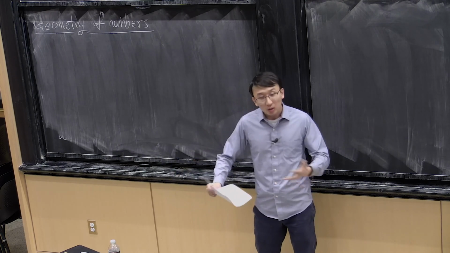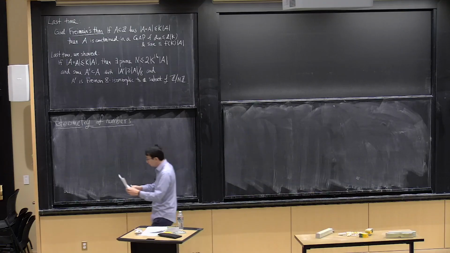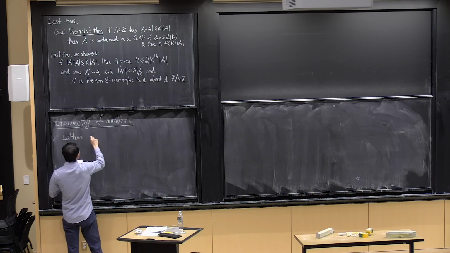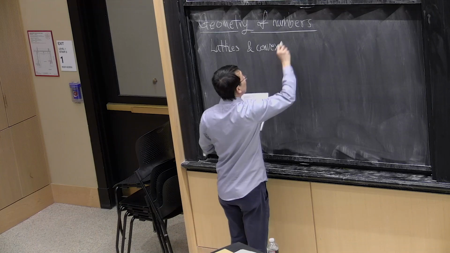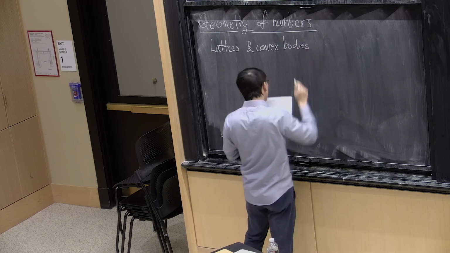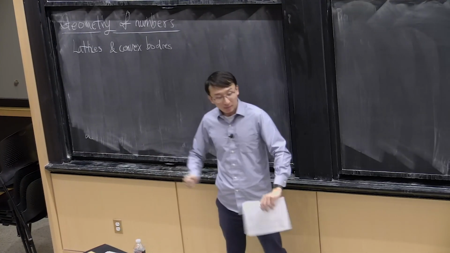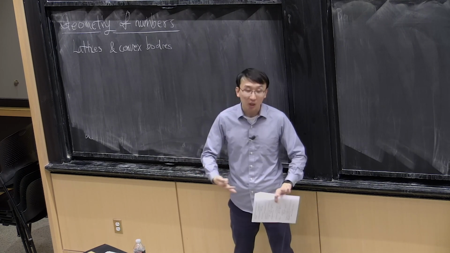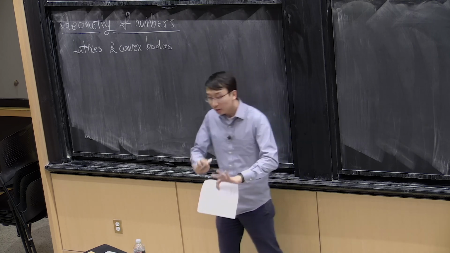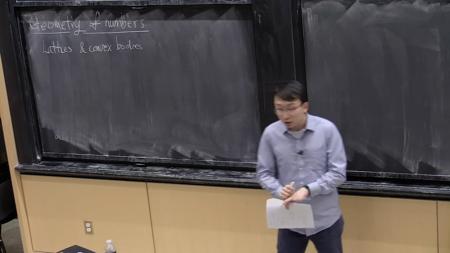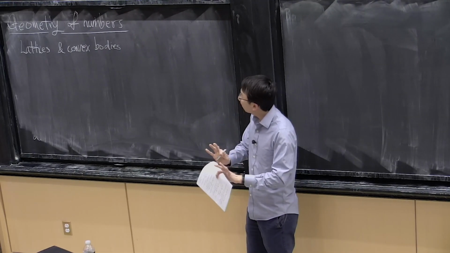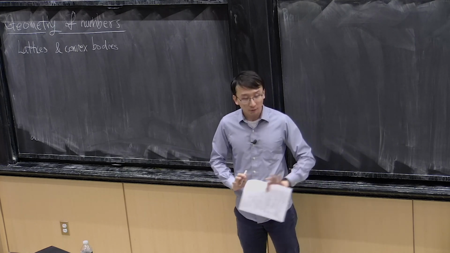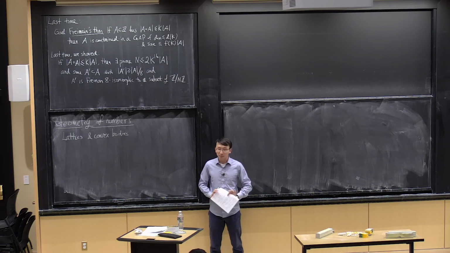So the geometry of numbers concerns the study of lattices and convex bodies. This is a really important area of mathematics, especially about a century ago, with mathematicians like Minkowski playing foundational roles in the subject. Number theorists were very interested in trying to understand how lattices behave. So I'll tell you some very classical results that we'll use for proving Freiman's theorem.